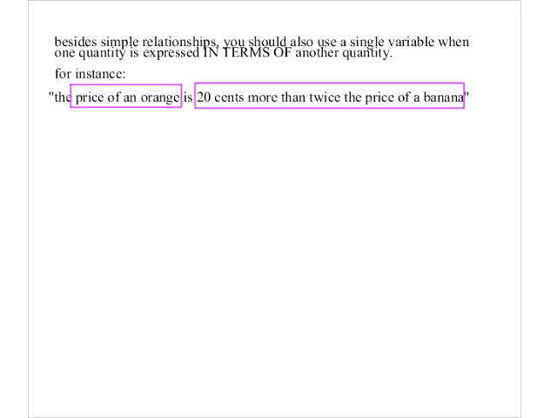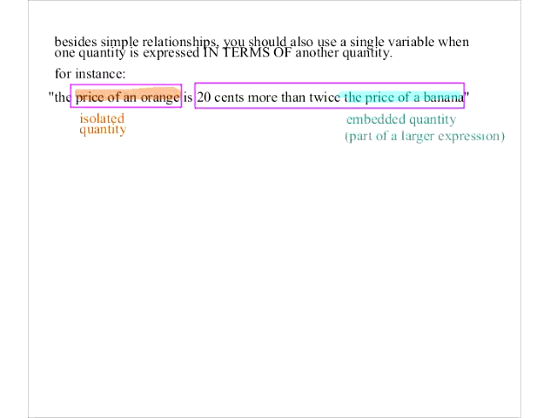I'm going to call this the isolated quantity, because it's just sitting there by itself. And I'm going to call this the embedded quantity, because it's part of a larger expression.